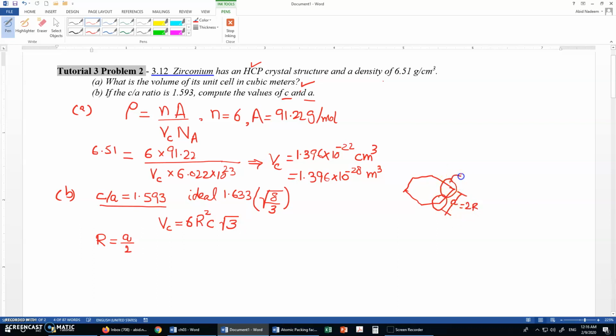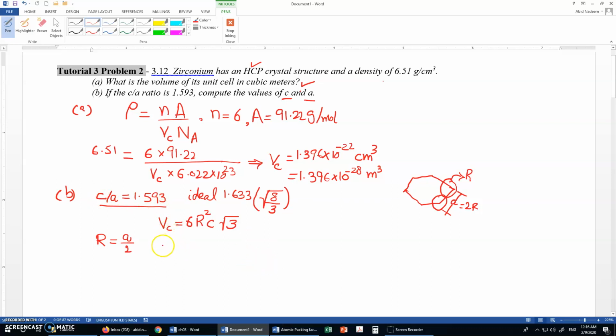So we know that R is equal to A by 2. Here we can put R in terms of A by 2, and we know the value of C in terms of A, so everything is now known.